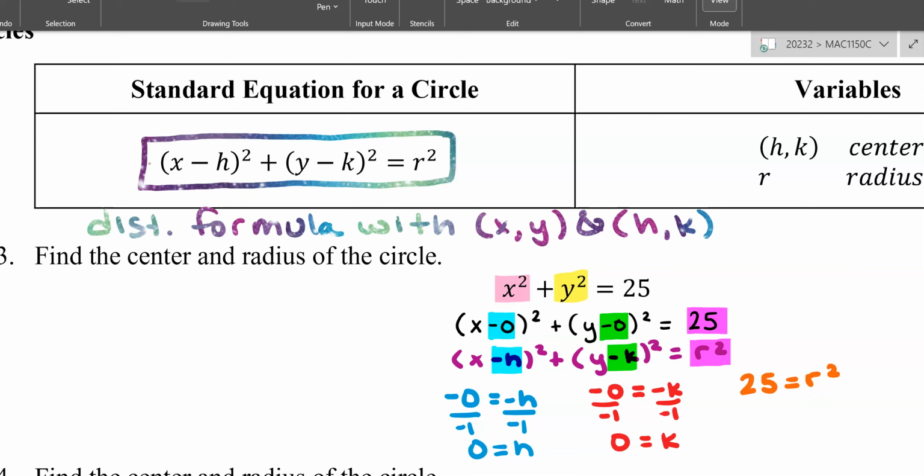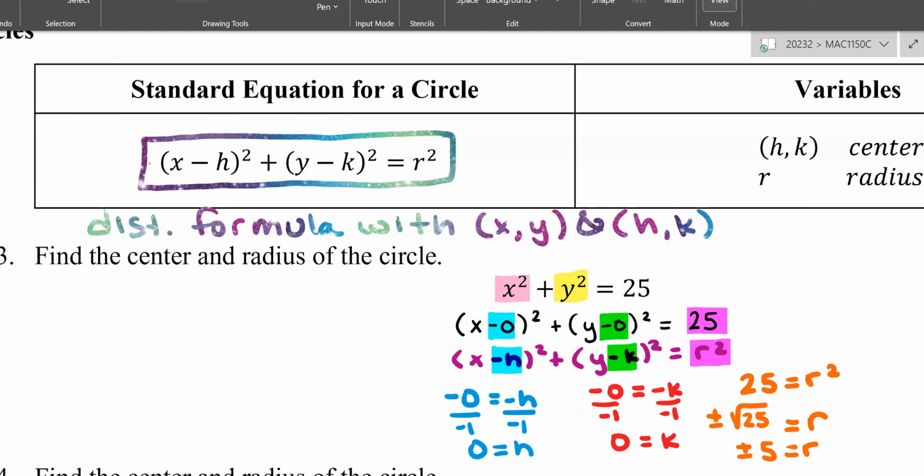Now, we can square root both sides to kill that square. So we get r equals plus or minus the square root of 25, which is plus or minus 5. Now, you're probably thinking, hey, a circle only has one radius, and that's true.